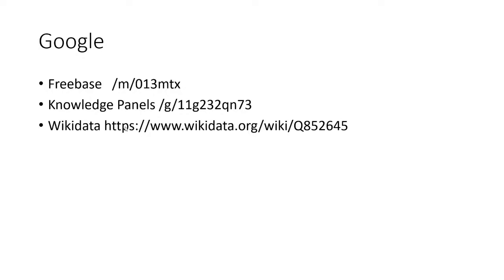So if I'm pointing to that IRI in a definition of our local schema, then Google will be able to say, okay, we're talking about that Longview in Texas, not in Maryland or wherever there is a Longview city.